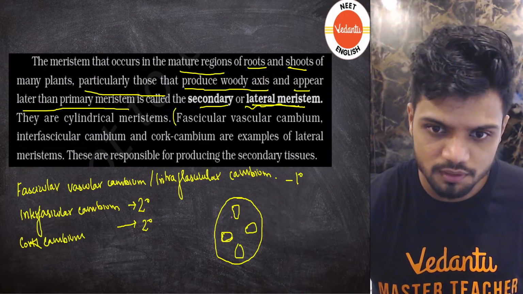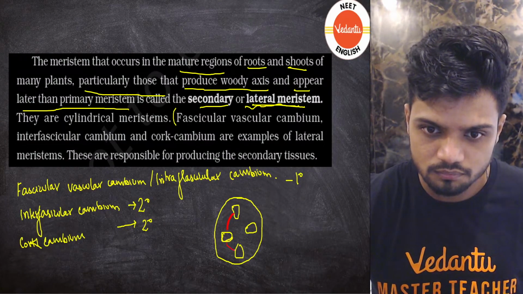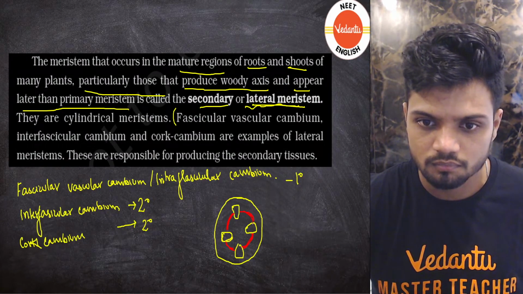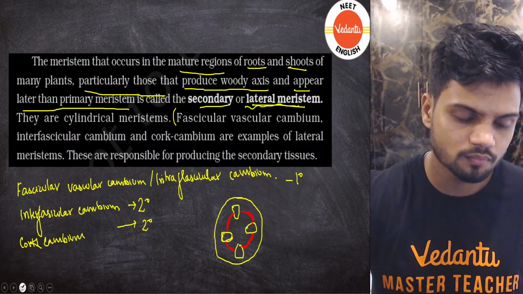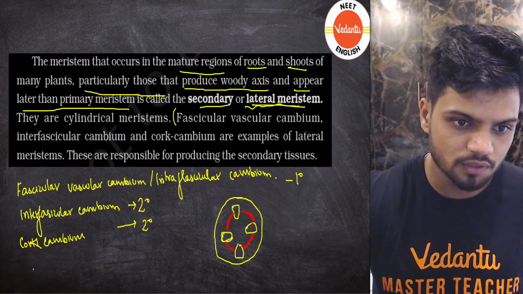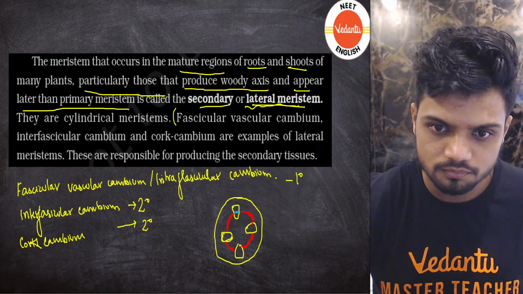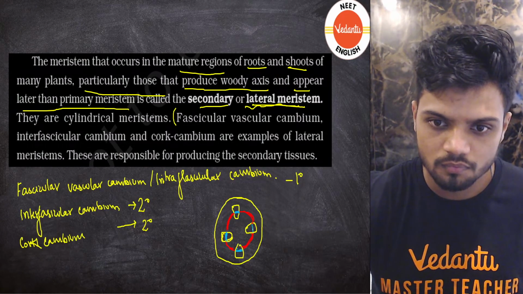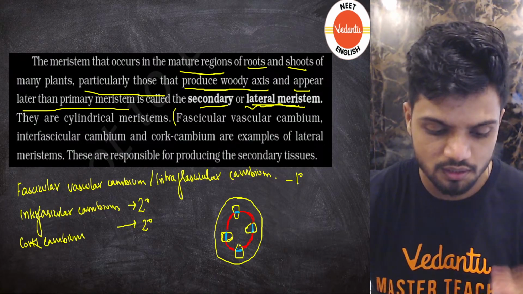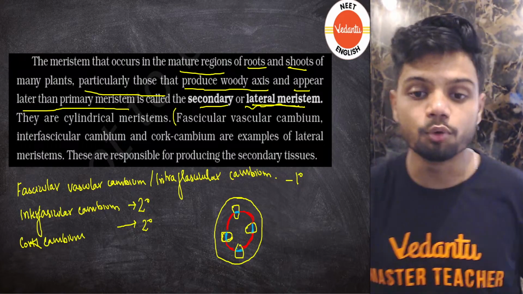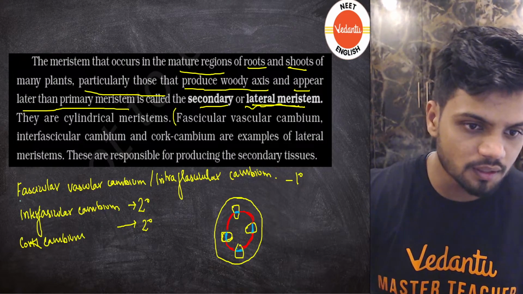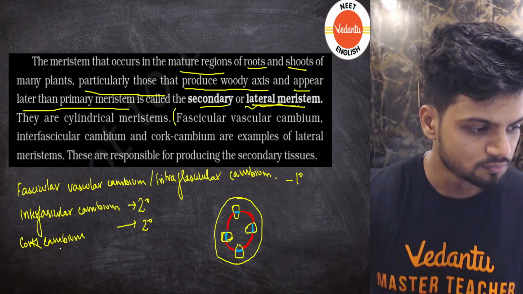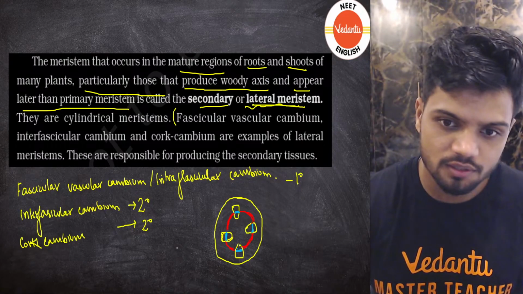Here we have something between them, and something in the middle also. I believe all of you are able to see this, the red and blue. The red one here is called the interfascicular cambium.